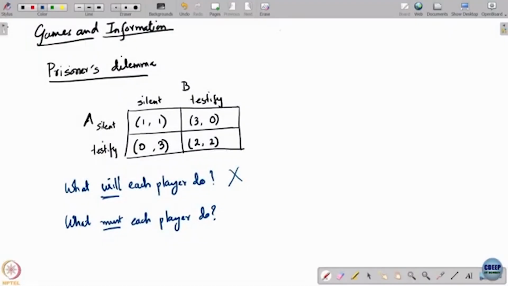So, games can be categorized into two broad categories. The first is non-cooperative games. A game is said to be non-cooperative if players cannot communicate.